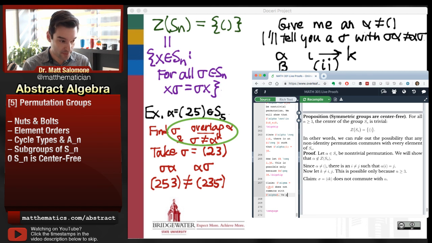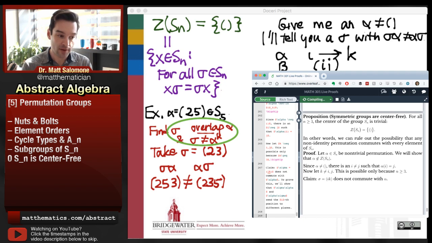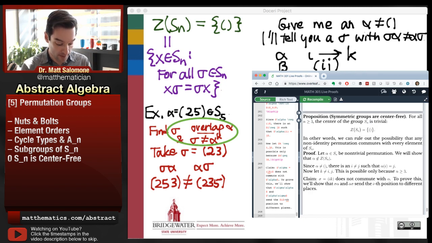So to prove this, we'll show that sigma alpha and alpha sigma send the ith position to different places. Again, this is shifting my burden of proof.